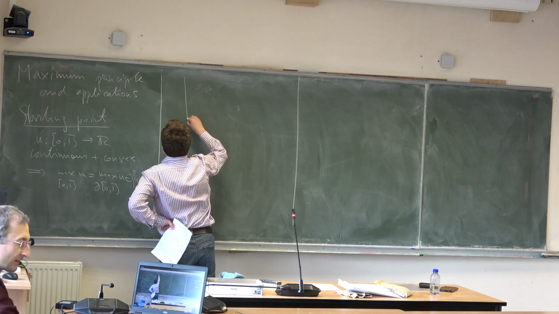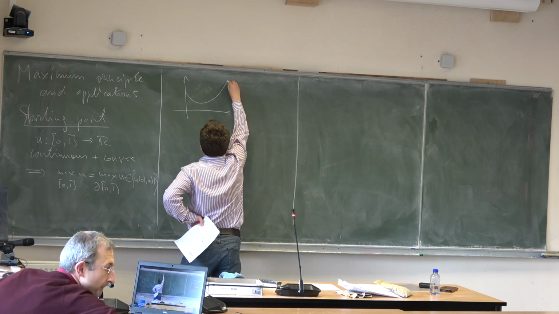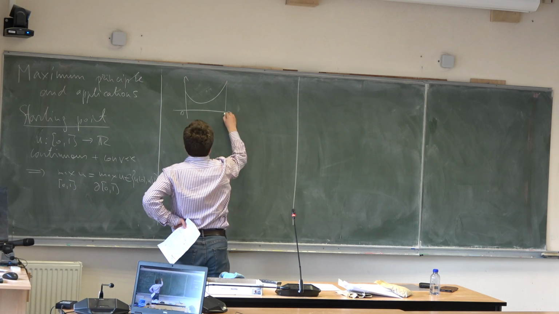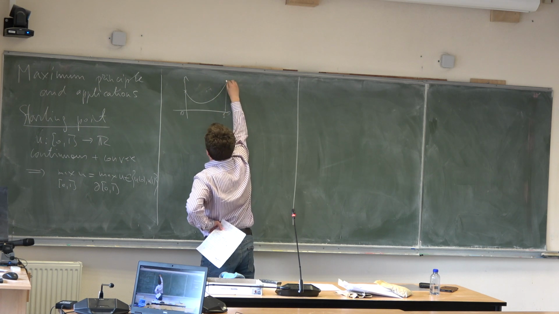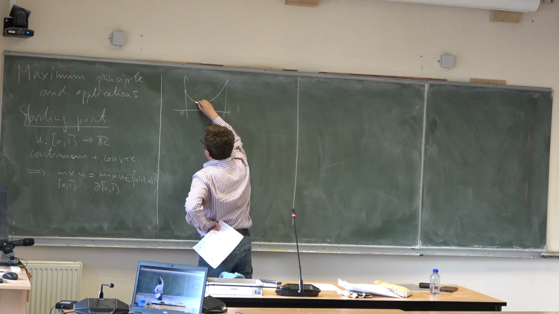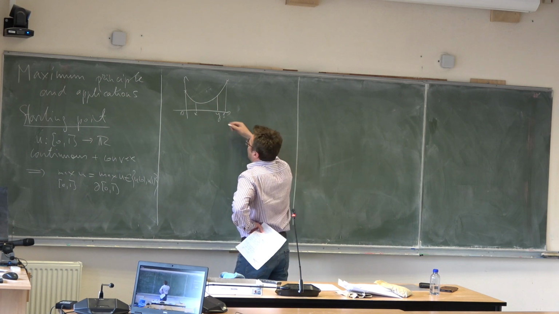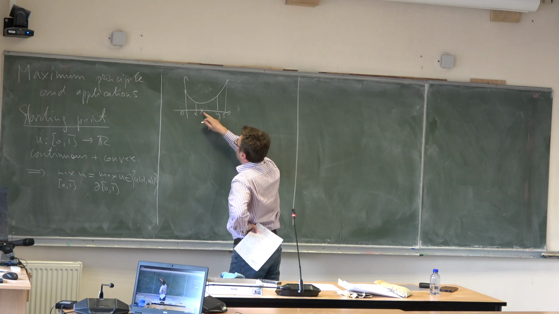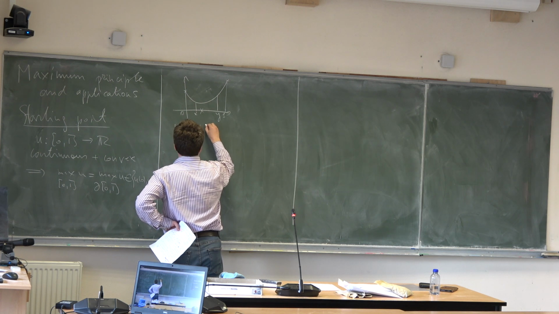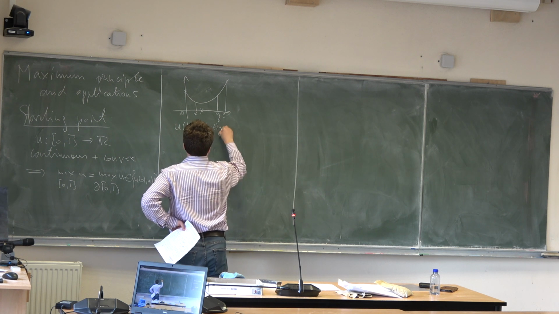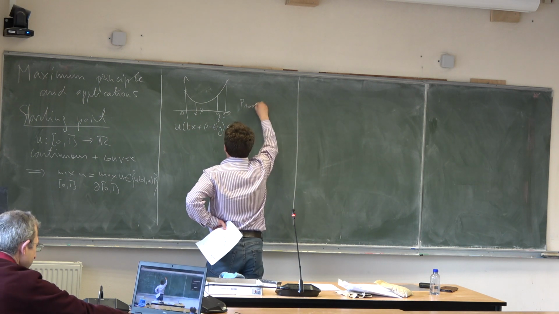Right, so if you make a picture, you see that at least the geometric interpretation is natural, right? If you take something convex, then the maximum will be here and here. And the proof is just to use, so you take 2 points, x and y, and you take an intermediate point that is a combination of x and y.